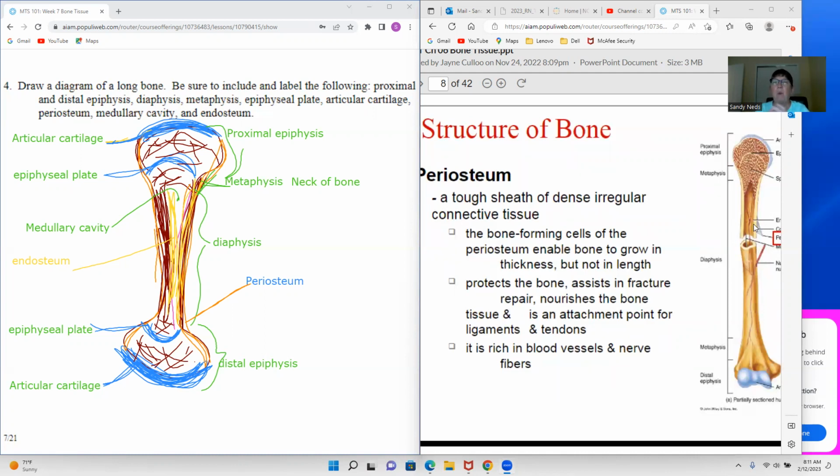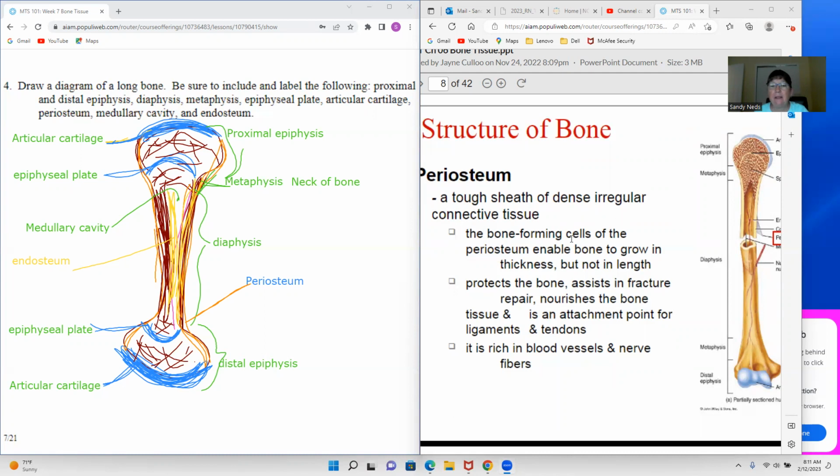You see porous bone that has little holes in it. And this periosteum is dense, irregular connective tissue. So that means it can be pulled in many different directions because it's irregular. And this is where your tendons and your ligaments will attach in.